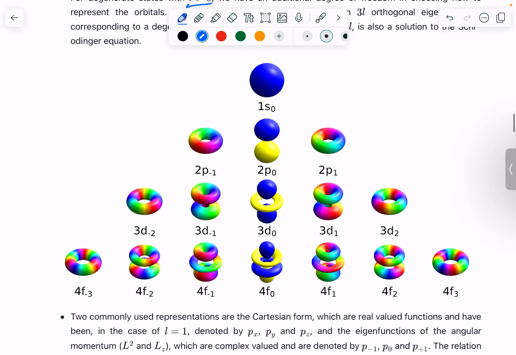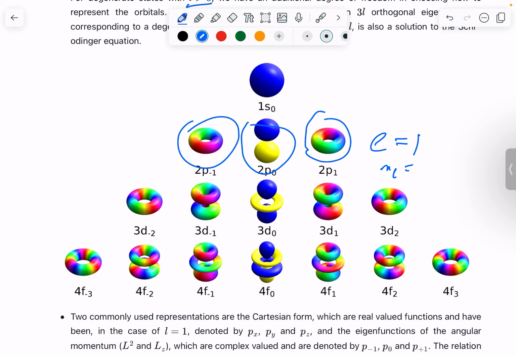And here are the shapes of those, where L is not equal to 0. In particular, here L is equal to 1, and ML, the projection of L, goes from -1, 0, and 1, and you see the different fun shapes that result, and you have the result for L=2 here and L=3.